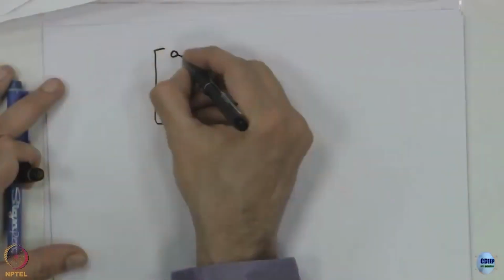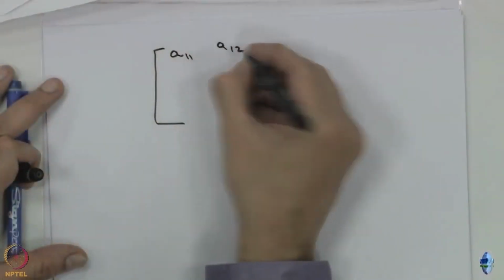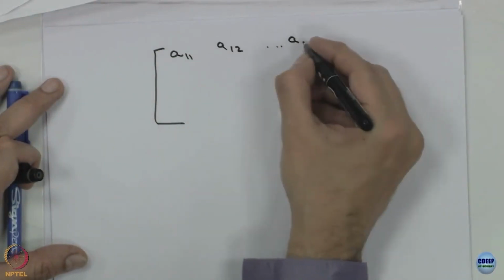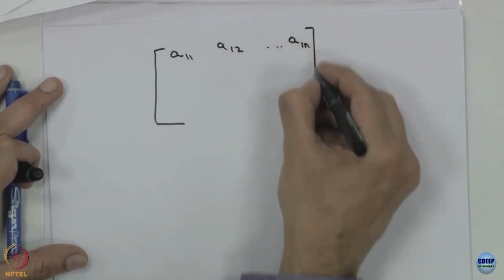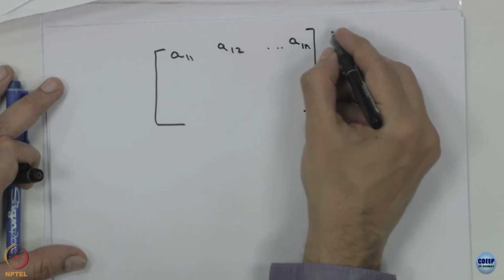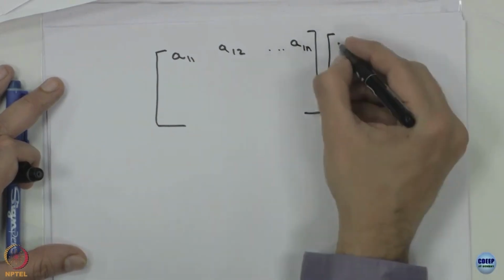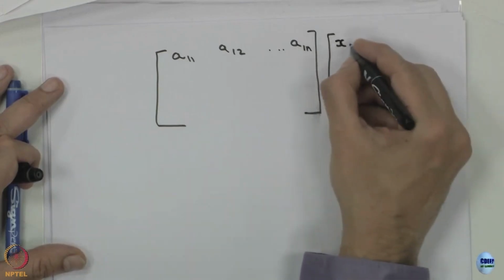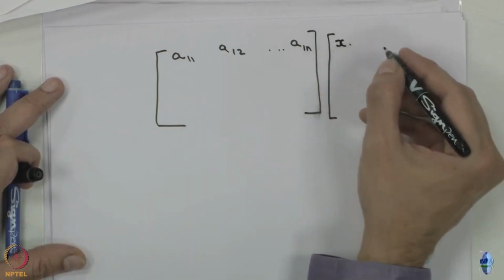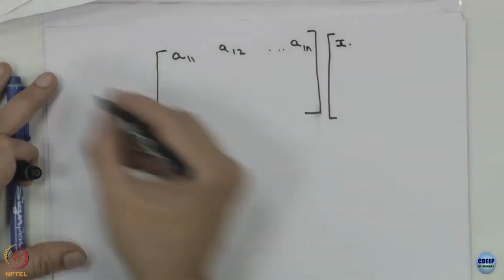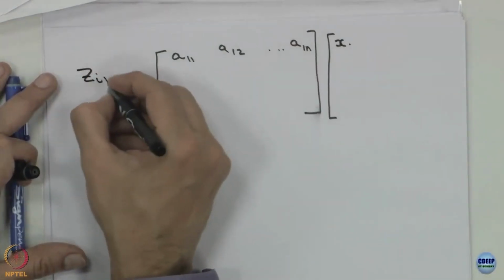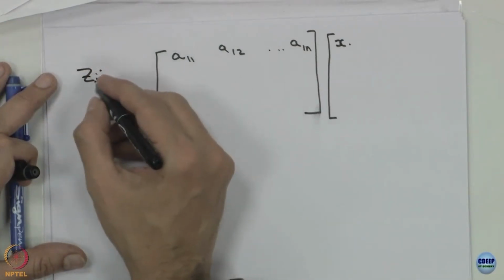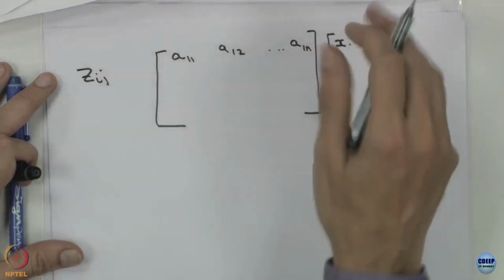So, we can now write this as, if we look at this matrix a11, a12, a1n, zij, if you remember the zij's which we had, we can write the expression.